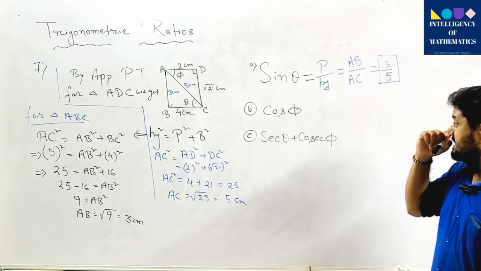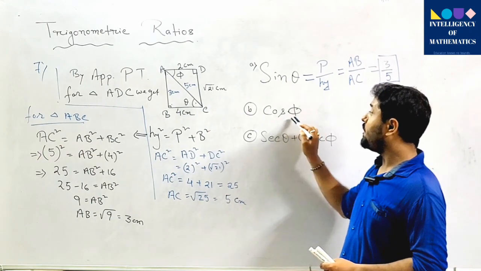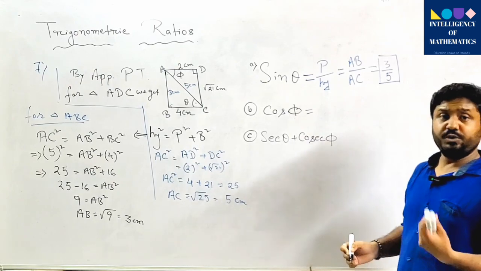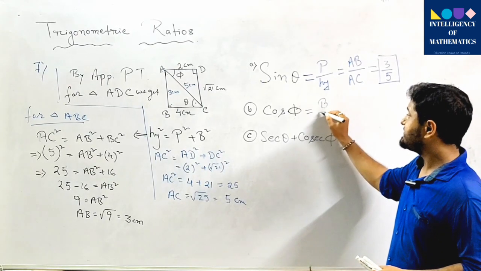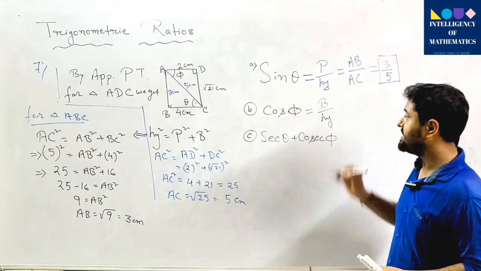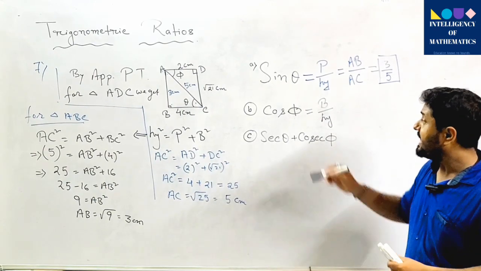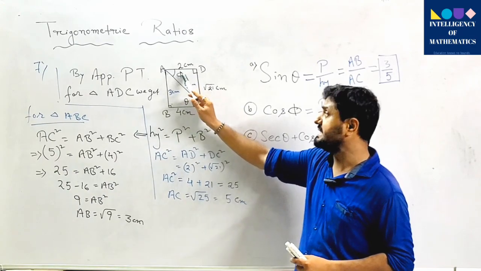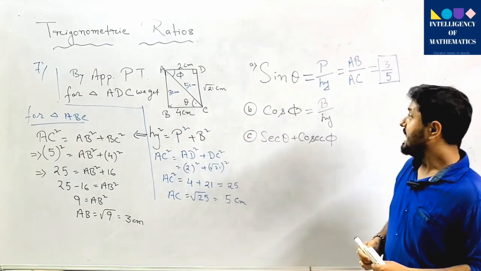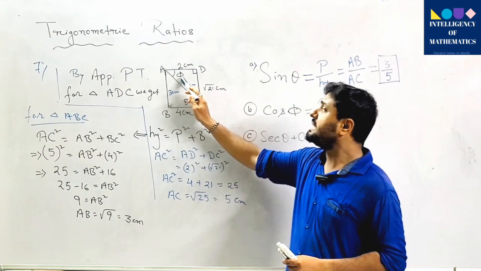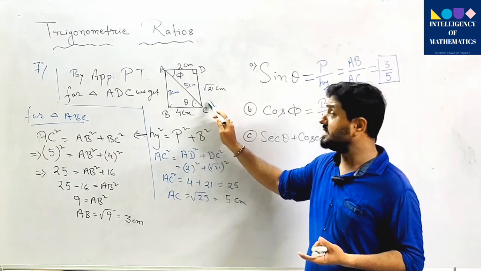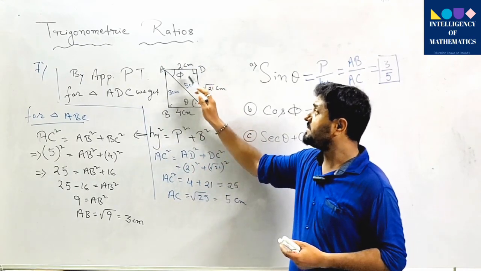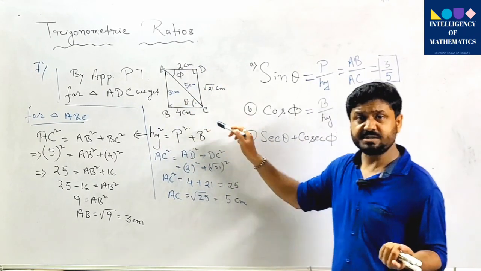Now we'll try to solve the second one, that is cos phi. Cos means, we know, base by hypotenuse. Now where is phi? Phi is here. So we will consider this triangle, and this angle is the considering angle. According to this angle, DC will be the perpendicular and AD will be the base, because in front of the right angle, AC is the hypotenuse.